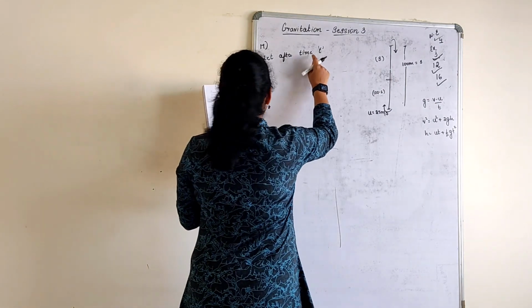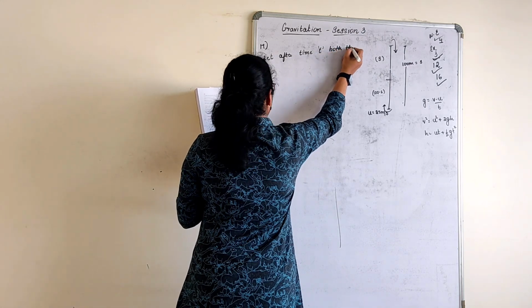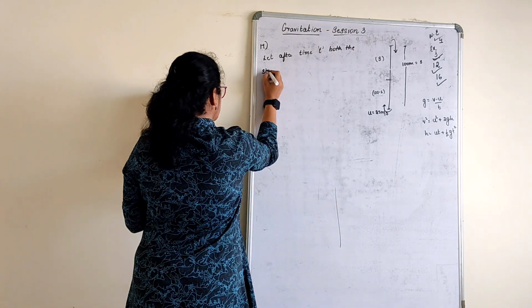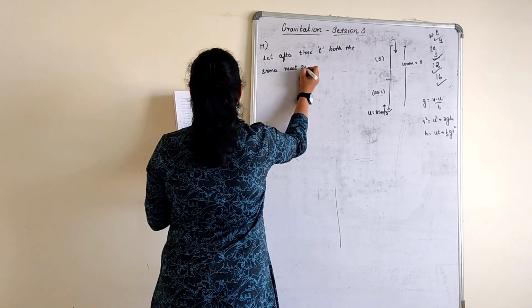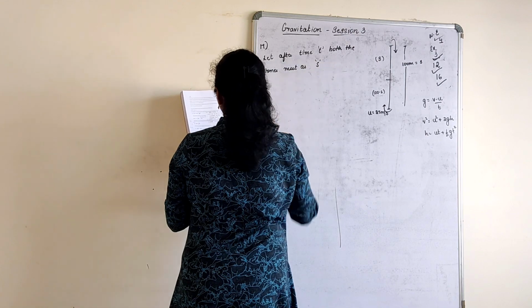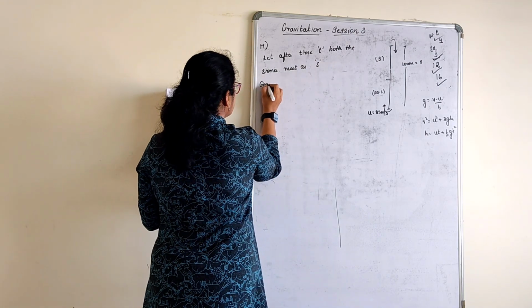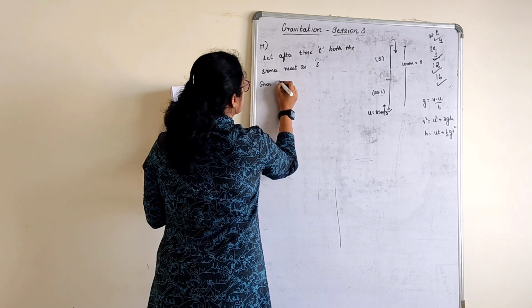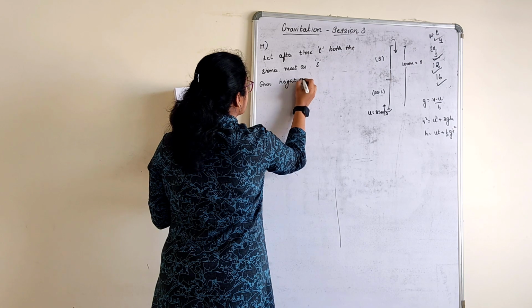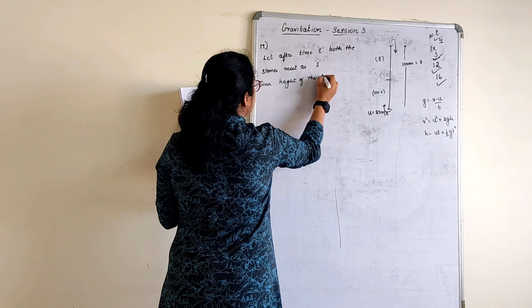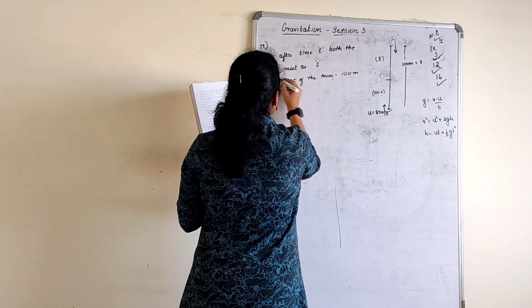Let after time t, both the stones meet at S. Okay? Given: height of the tower is equal to 100 meter.